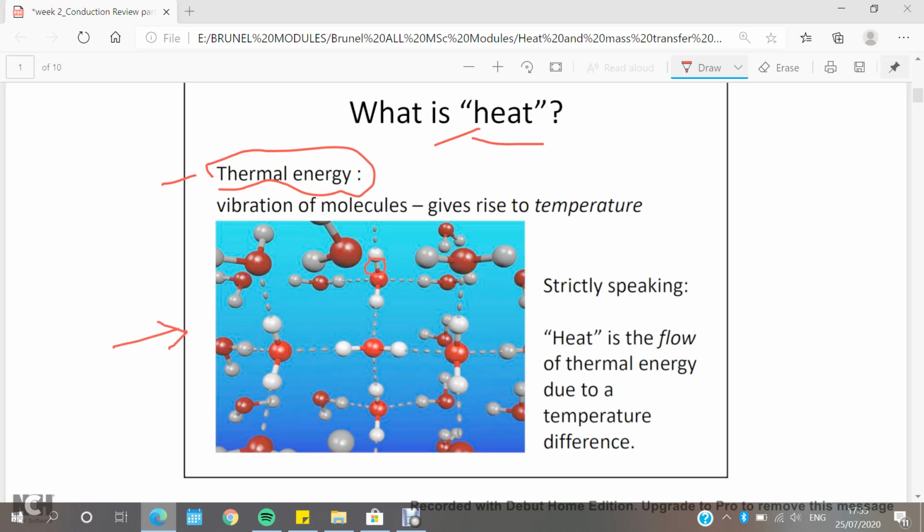When this bond breaks, the material goes from the solid phase to a liquid or gas phase. In liquids or gases, the distance between two molecules is increased, and the bond strength is less than in a solid phase.